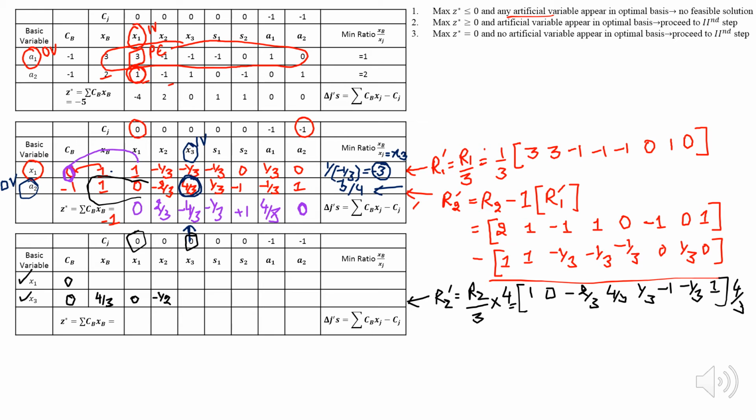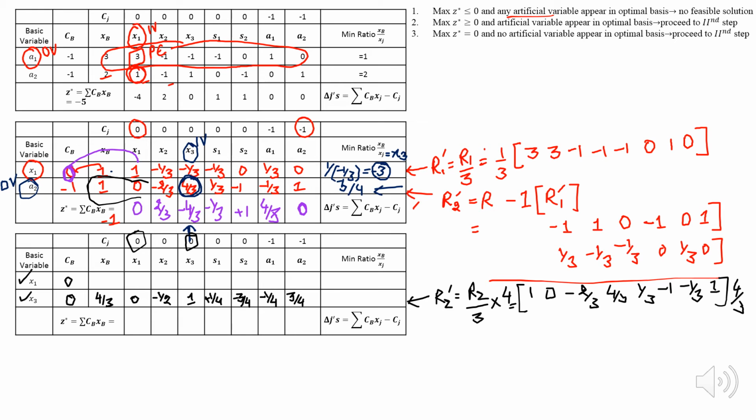So I am just writing all the new elements: 1, plus 1 by 4, minus 3 by 4, minus 1 by 4 and 3 by 4.